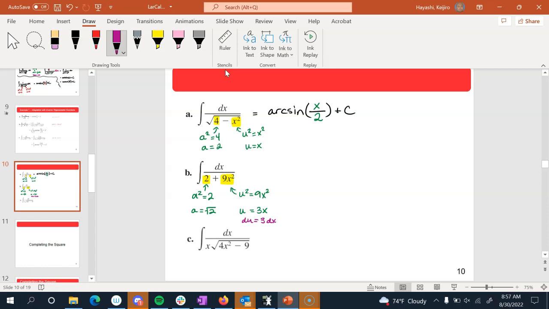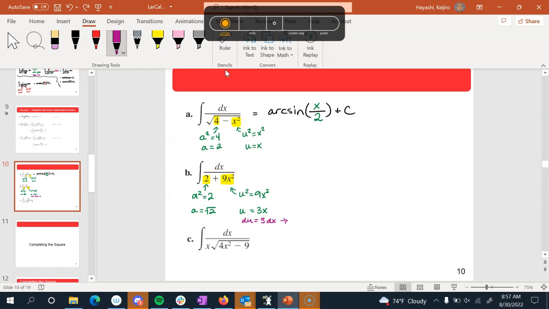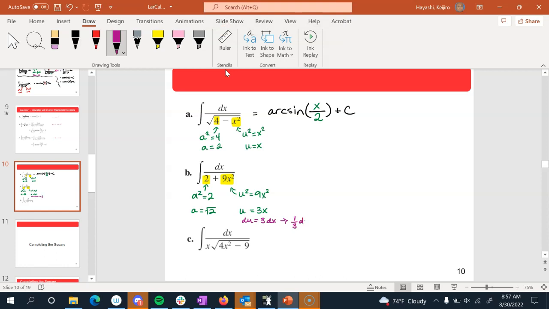If du is 3dx, you could force there to be a 3 up here and a 1/3 outside. You can do it that way. But you can also take this du equals 3dx and make yourself a little equation: 1/3 du equals dx. And that's going to be necessary because u is something more complicated than simply x. It is 3x, which isn't much more complicated, but yeah.